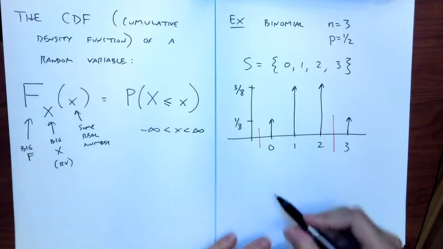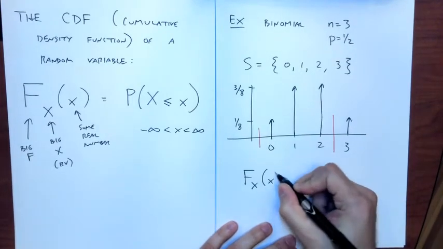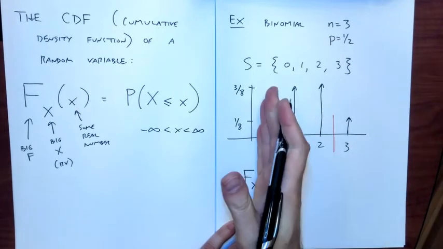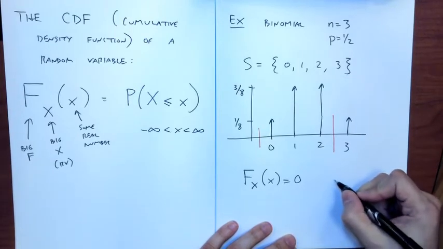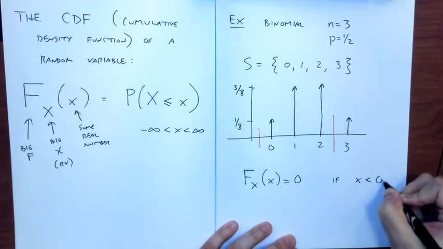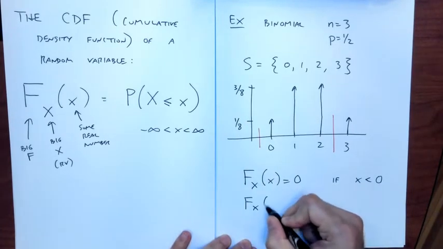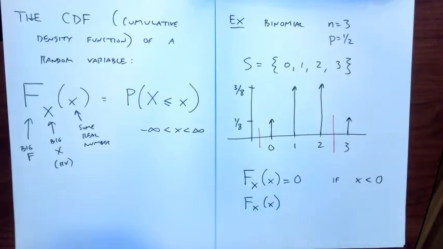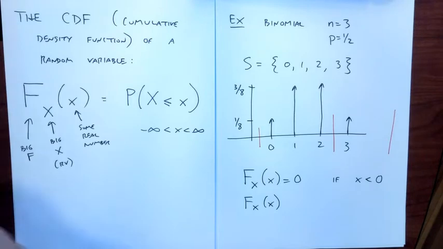Because if I have some number like -1, that's like saying what's the probability that I get less than -1 heads, right? It doesn't make any sense. So I can see that certainly if I'm less than 0, I have no probability. If I am, on the other hand, way over here, right, out here, then I have all the probability, right?